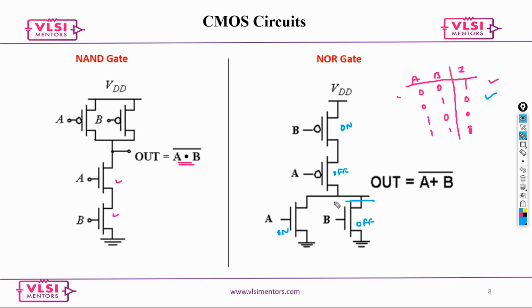So a direct discharge path is present, but no charging path. So your output is going to stay at 0. Now the same for the last one. Both are 1, 1, so both the NMOS are going to be on. There will be a discharge path and there will not be any charging path. Okay, so they are working as per your spec.